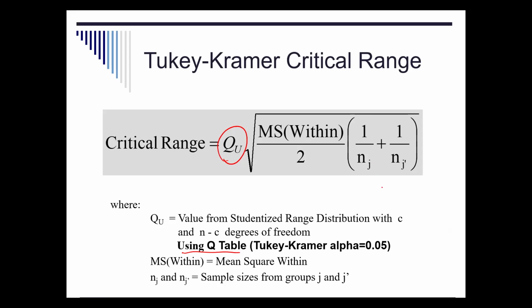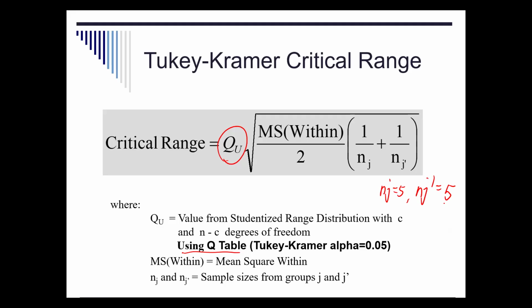In the previous example, n_j is 5. n_j prime will be the number in group j prime, also 5, because they are equivalent. We have the same amount of driving distance data among the three clubs. So n_j is 5, n_j prime is 5.